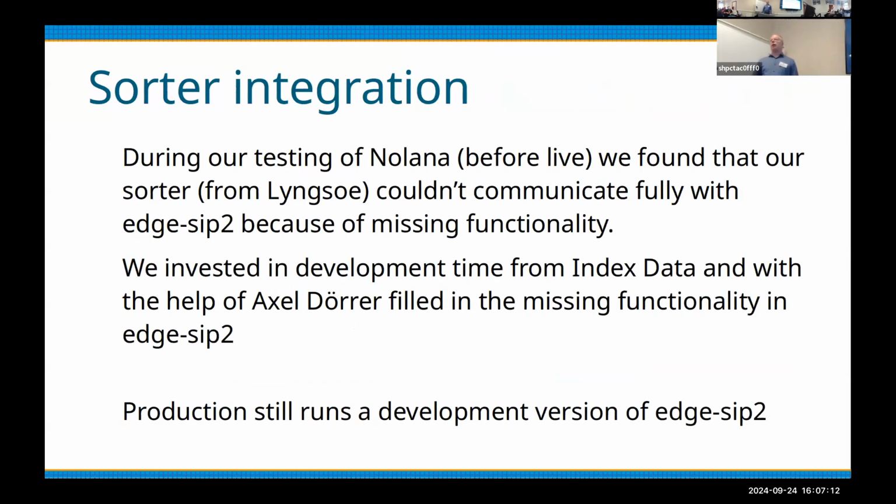During our testing of Nolana, we found out that our sorters were not able to do everything they should. So we bought time from Index Data to help us extend the system. And Alex there helped us with integrating those changes into H2C.